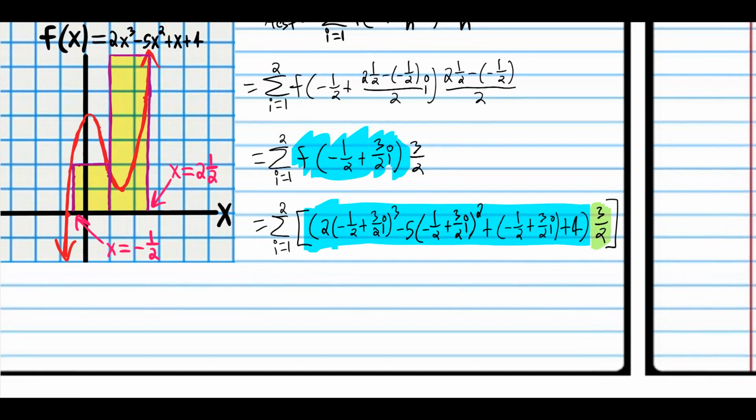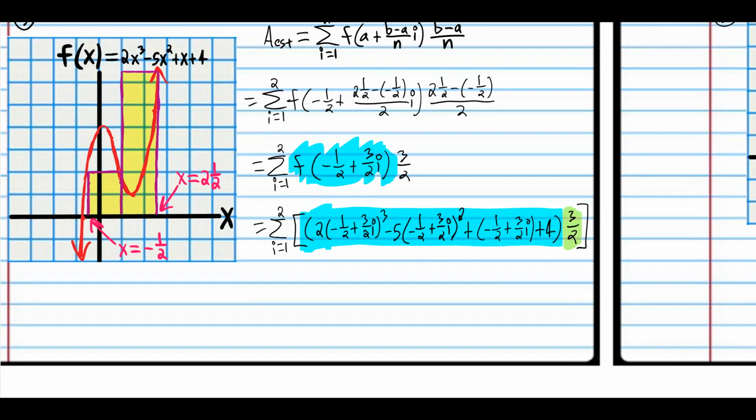Alright, so that's it. We could simplify this a little bit, in fact, we could probably simplify it a lot, but that would be a lot of work, and that's not really the point of doing these problems. The point is just to understand how to create this expression.